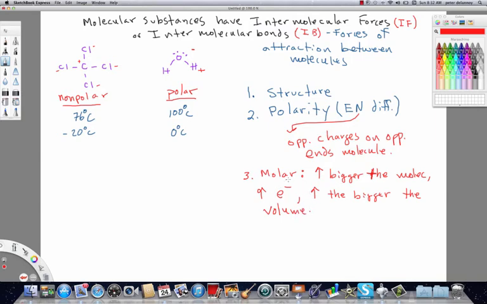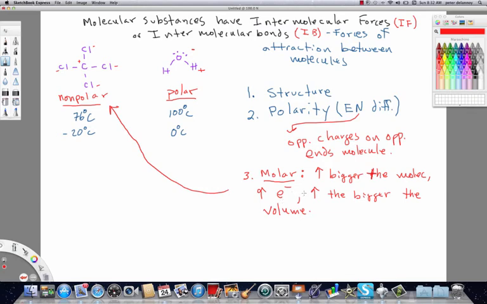All right, so in this case, especially when we're dealing with nonpolar molecules like carbon tetrachloride, the size of the molecule is going to play a much bigger part in the strength of its forces between itself and the other molecules that are around it.